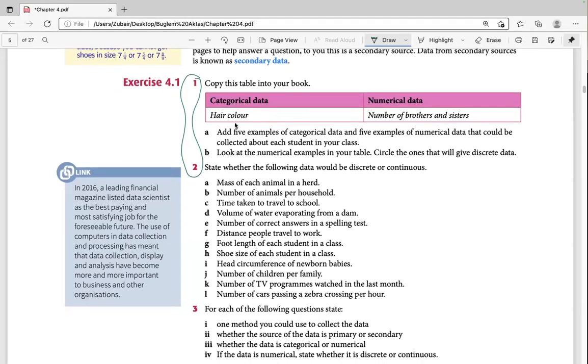And let's consider this hair color. So if I talk about my family, I think all of them have black hair. If I just go by some friends, yes, they have a lighter shade of color.